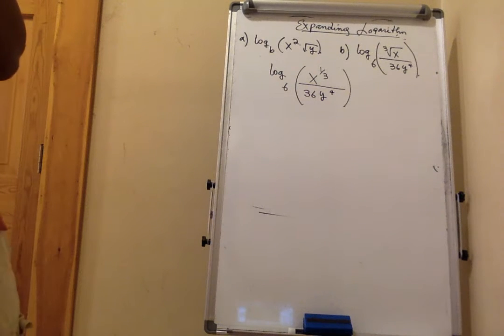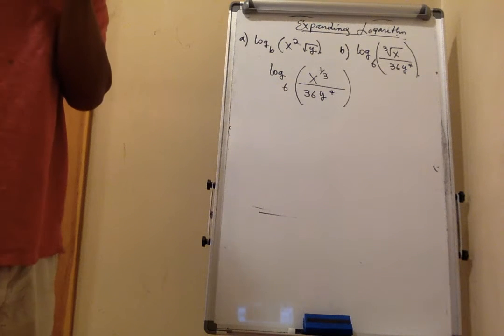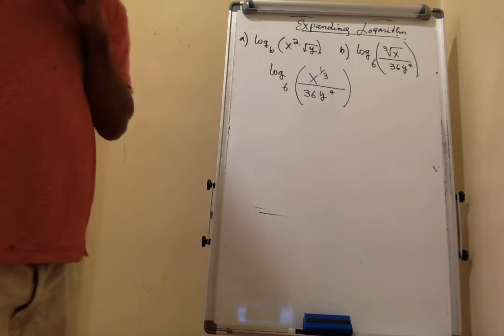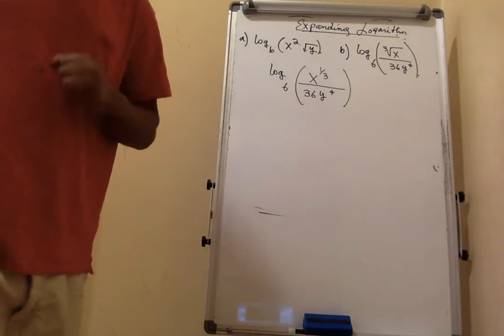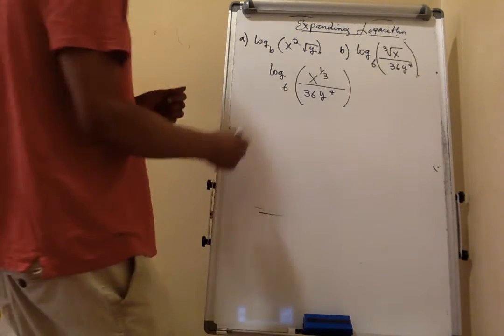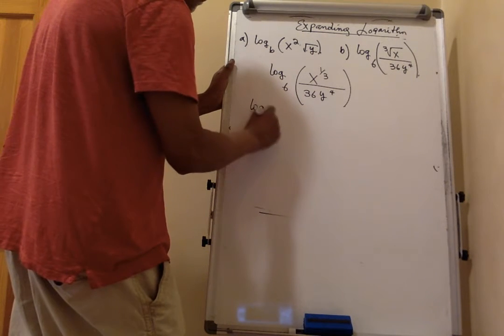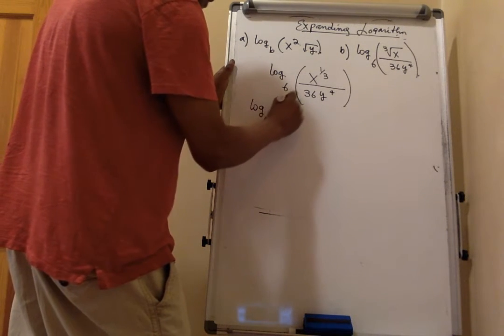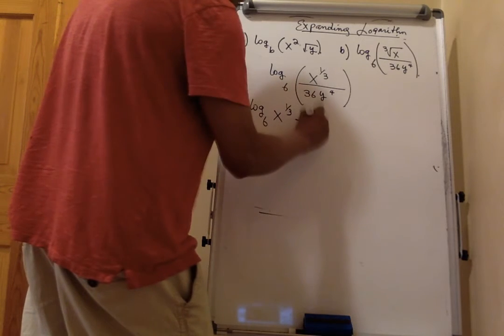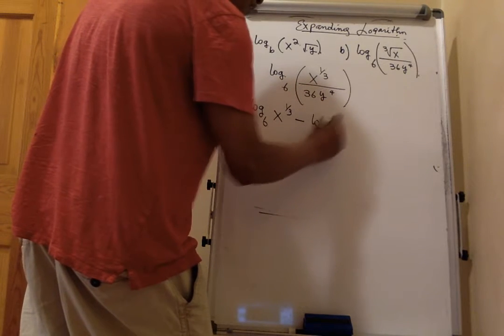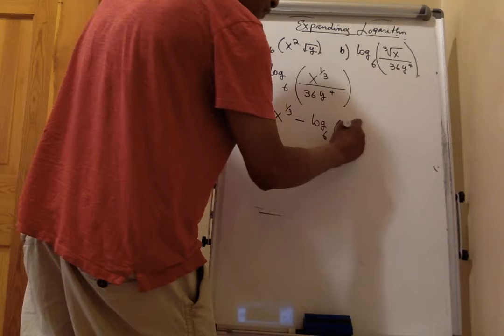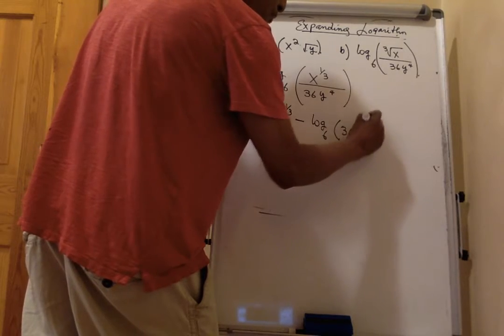Then we can use the quotient rule first, but we also have to use the product rule, and I'm going to show you. So if we use the quotient rule, you have log 6 of x to the power of 1 over 3 minus log 6 of 36 y to the 4th, right?